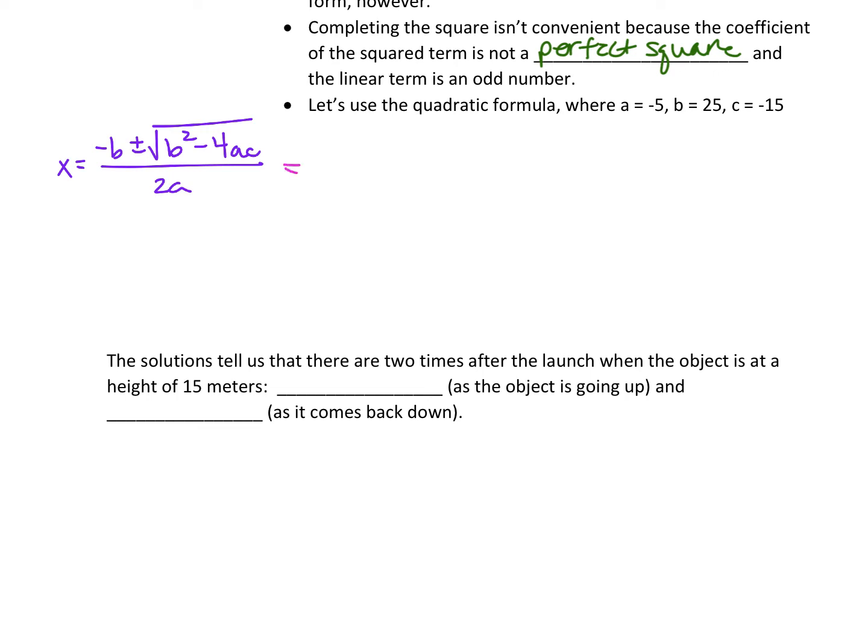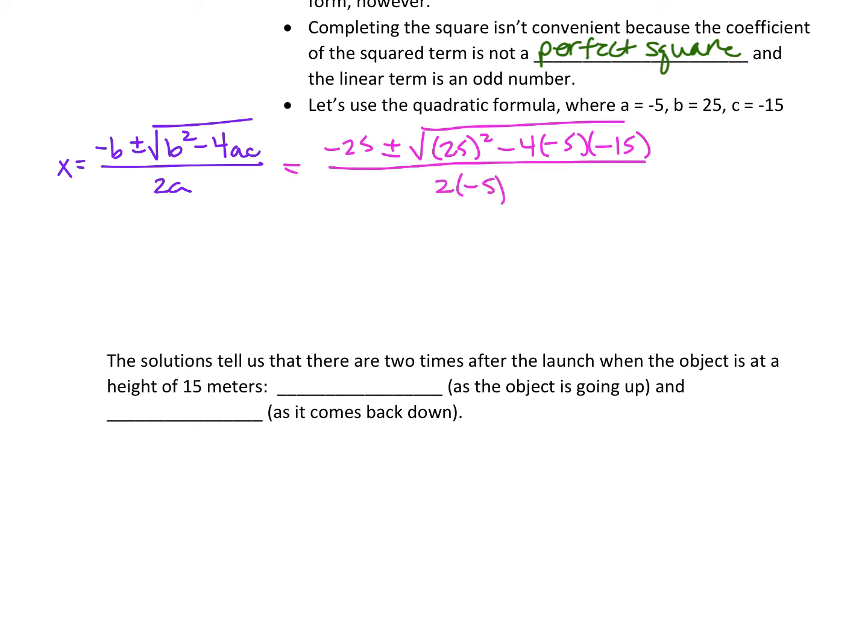So negative b, so our b value is 25, so negative 25. If your b value was negative and you had that negative negative, that would turn positive. Plus or minus the square root of b squared, so 25 squared, minus 4 times our a, which is negative 5, times our c, which is negative 15, all over 2 times a, which is negative 5.